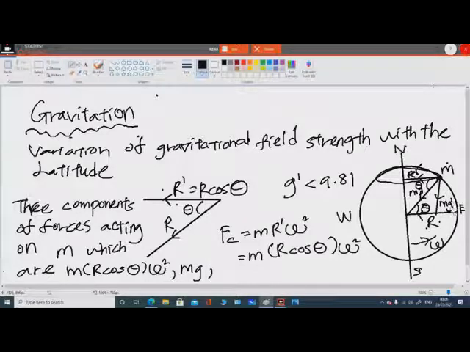And another component is mg prime, as it lies at this angle. So we have these three components of force, which are important for us.